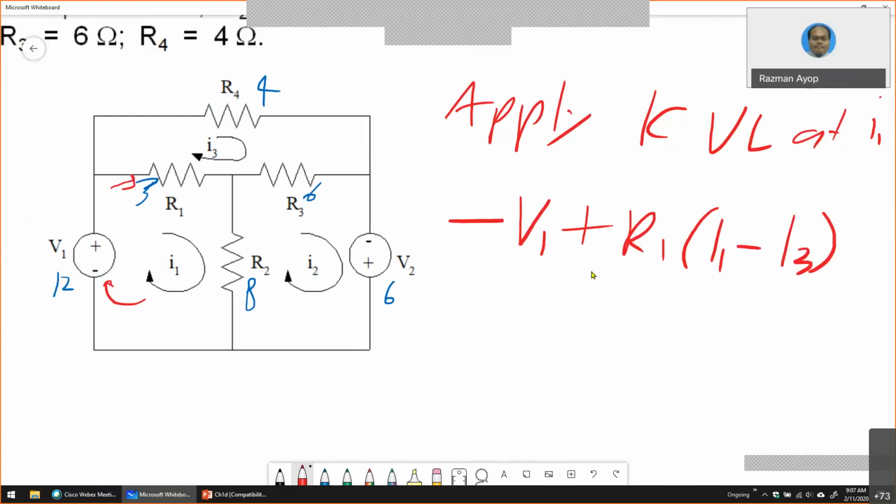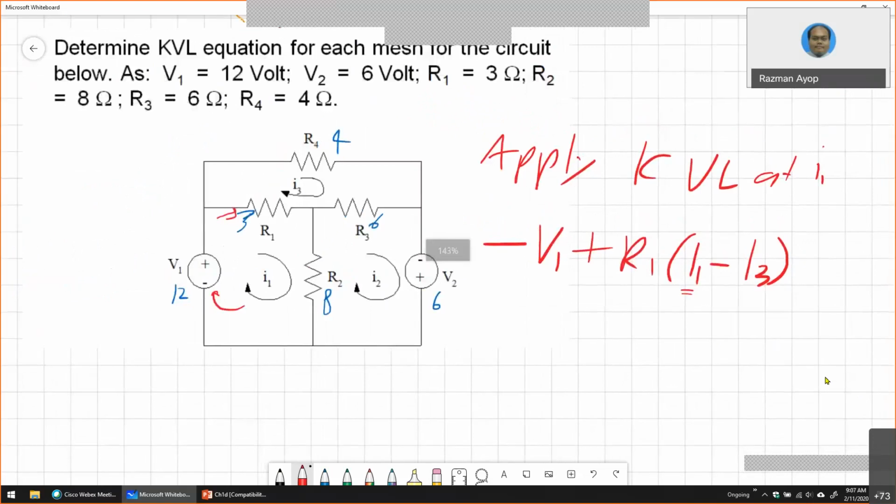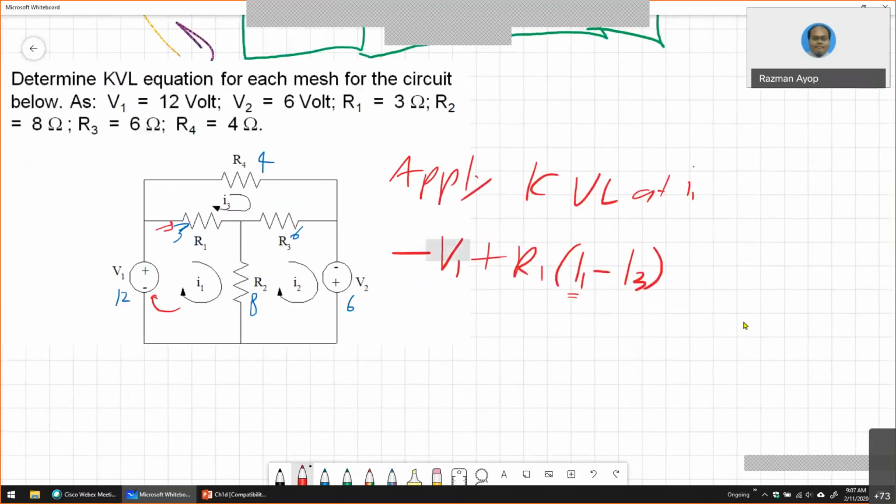What does this mean? Because the analysis is done at loop 1, you put I1 first. Then because it meets with I3, you have to minus I3. That is how you do mesh analysis.